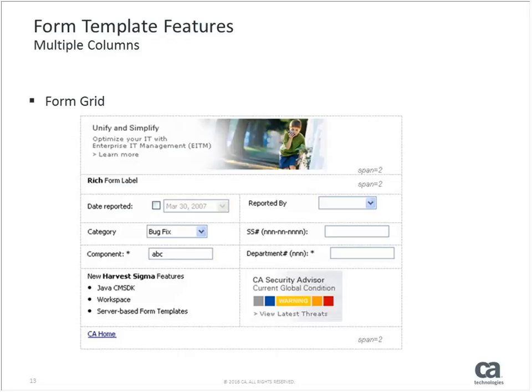If we consider this displayed example, the whole form has been divided into two columns, two grids actually. The image occupies two columns, as well as the rich form label. Coming to the individual fields like date, category, social security number, for them the span would be 1 because each occupies a single column only.